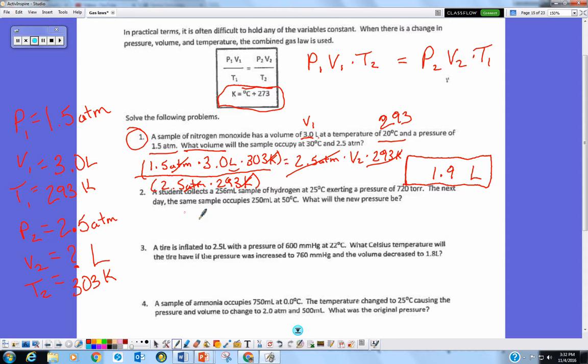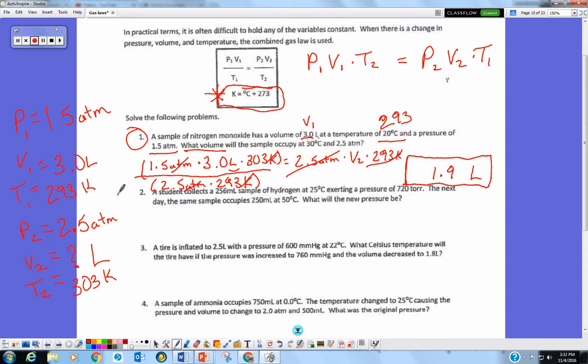Just going through again, make sure you pay attention to the units it's supposed to be in. Make sure you pay attention to converting to Kelvin. If you did not convert this one to Kelvin, you would not come up with this answer.